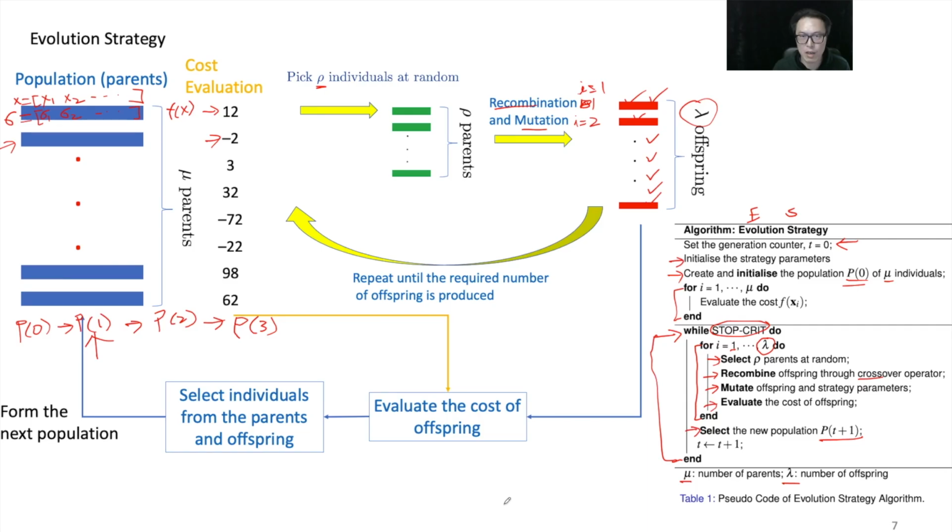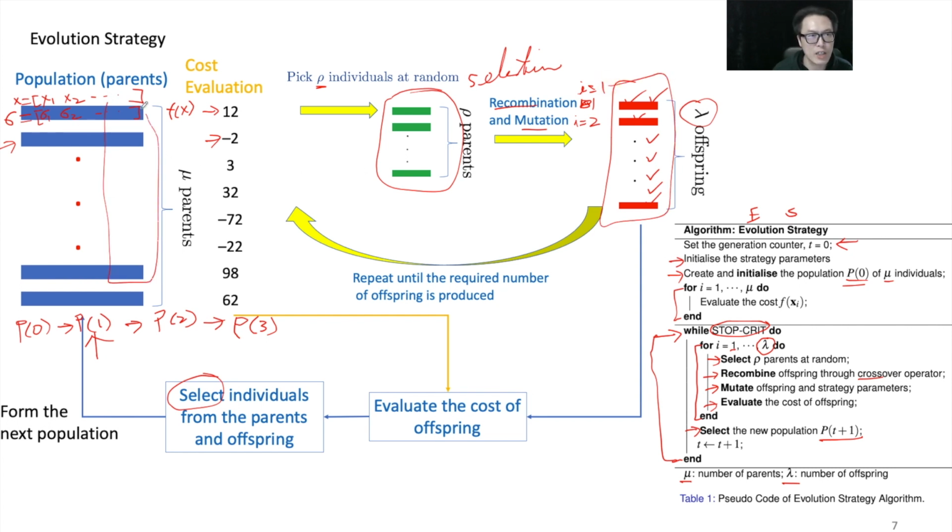What I'm talking about is the first stage of selection. That is right here, select which parents to perform mutation and recombination. And the next selection is happening right here, where we are going to select some of the offspring right here and the parents right here to form the next population.